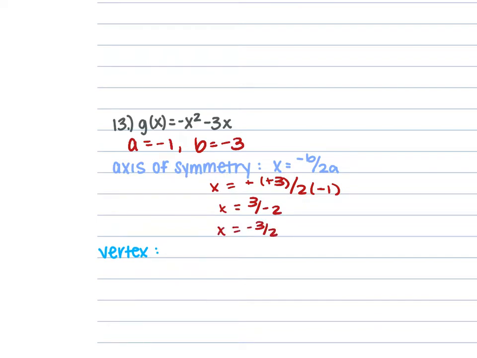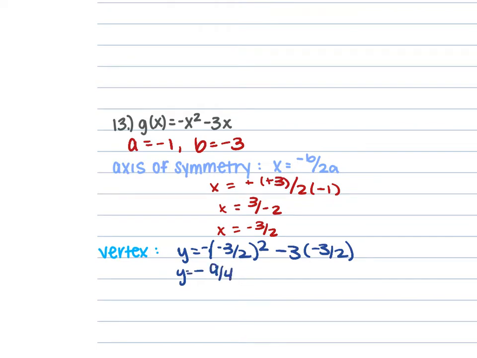If we plug that in for x, we're going to have y is equal to negative negative 3 over 2 squared minus 3 times negative 3 over 2. So the negative 3 over 2 squared is a positive 9 over 4. It's still going to be negative, though, because that negative is out front.